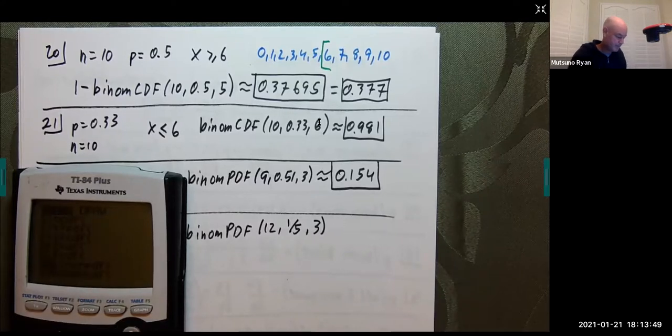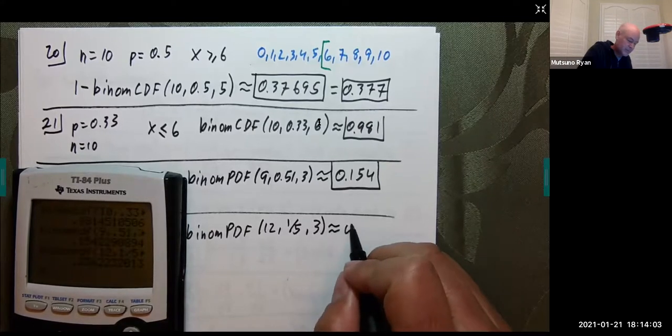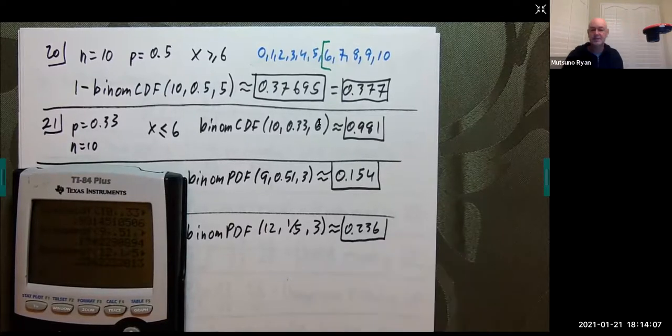Binom PDF. Trials are 12. Watch, I can do 1 divided by 5 directly into P there. And the X value happens to be 3 again. Rounded to 3 decimal places again, just because that's what they seem to be wanting.